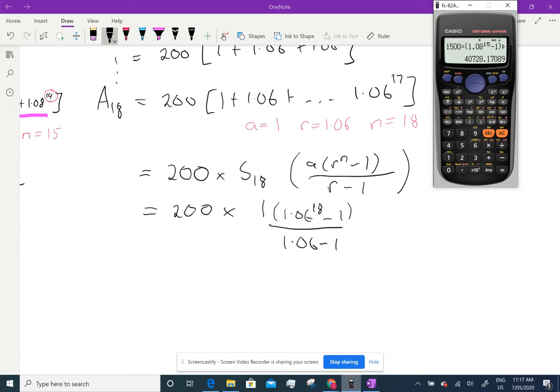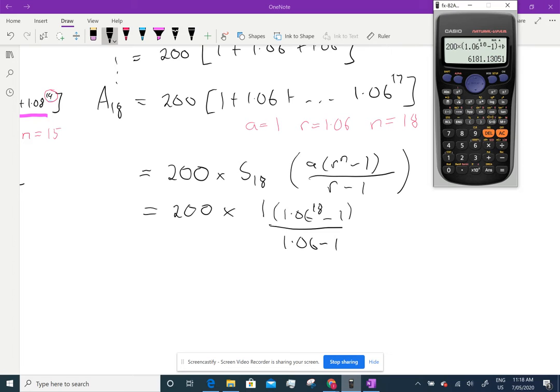Calculator, I'm just going to use my back arrow. So it's 200, 1.06, 18, 1.06 minus 1.